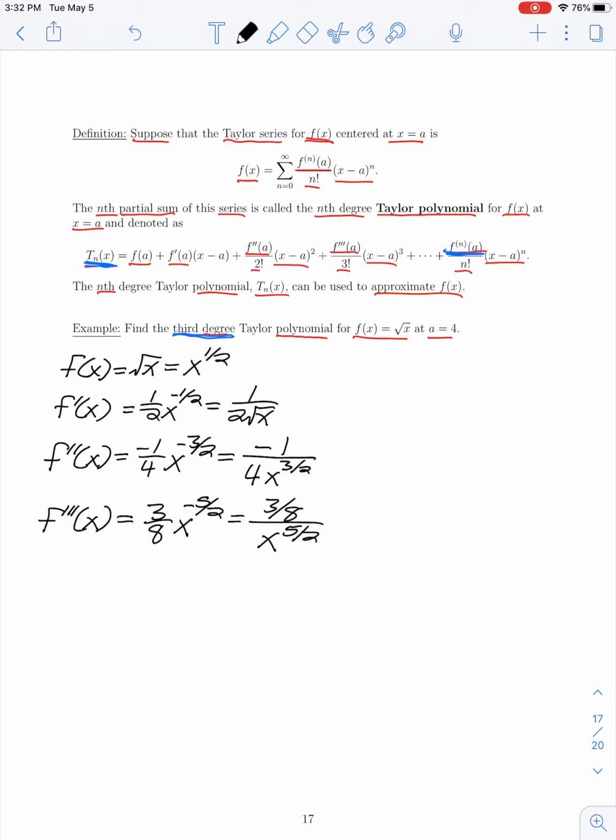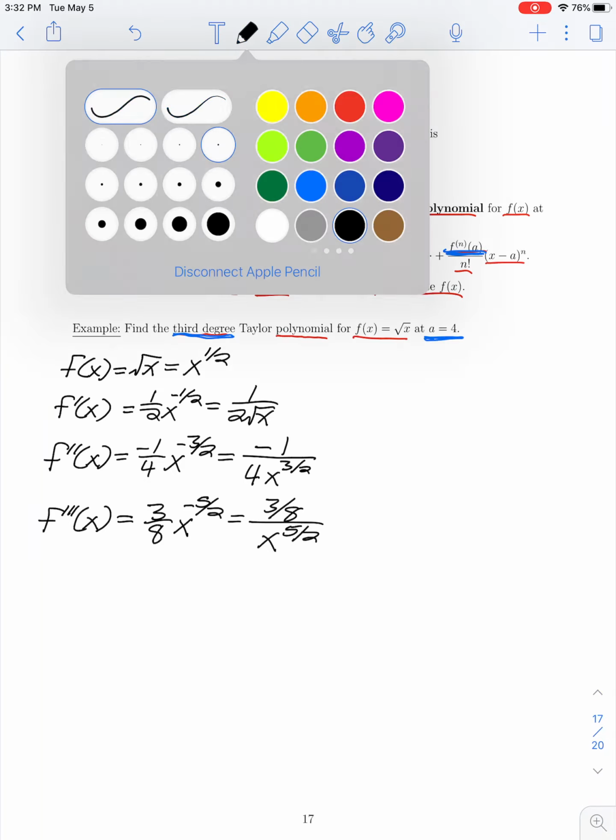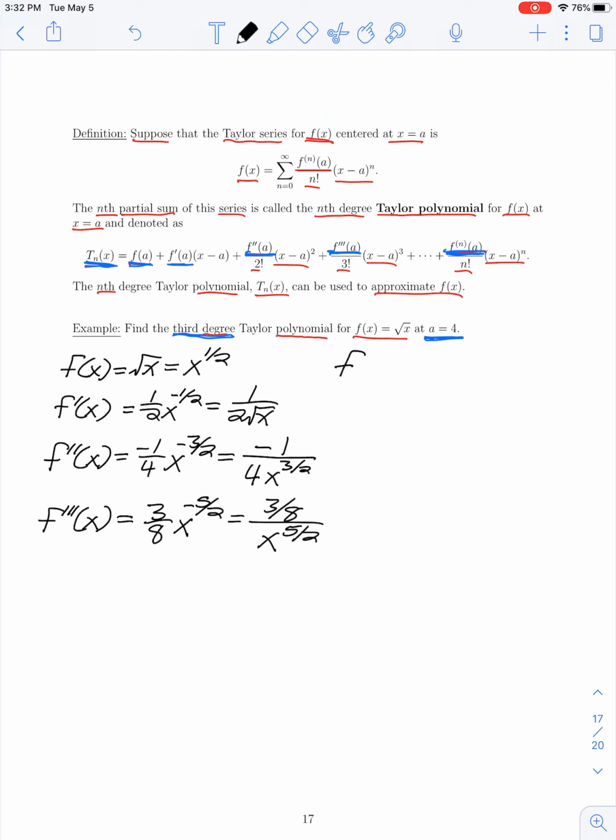Now, since we are centering this Taylor polynomial at the value a equals 4, we need to evaluate our function and each of these first several derivatives at that value of a, in this case 4. So our original function, f of 4, is the square root of 4, or 2.